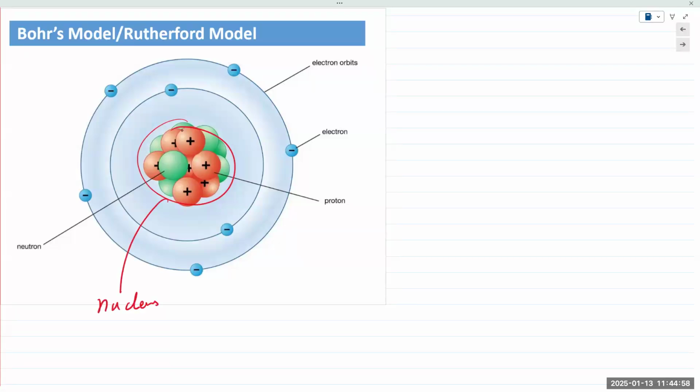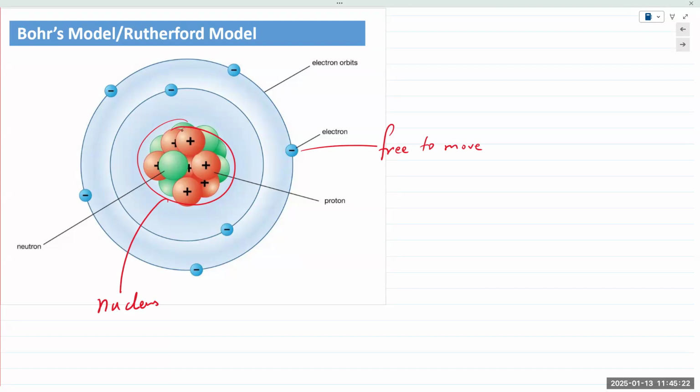The nucleus, which has the protons and the neutrons, and you have the orbiting electrons, and these electrons are free to move, meaning they could leave that atom and are free to carry charge from point to point inside the material. Okay, they leave behind ionized atoms inside the material.